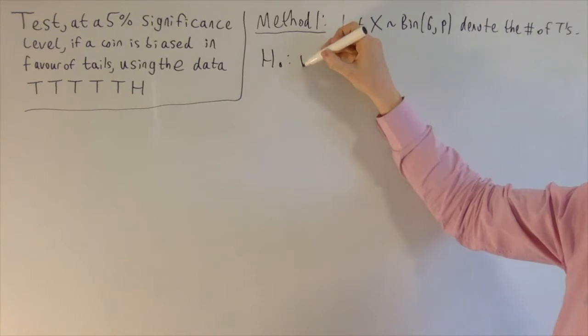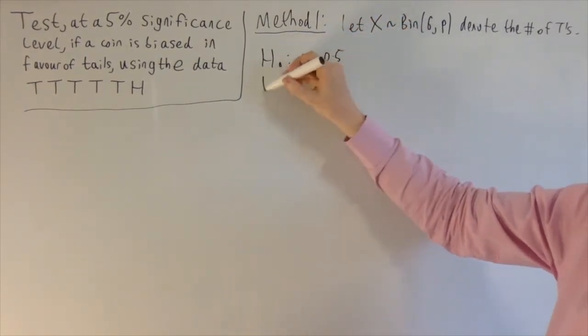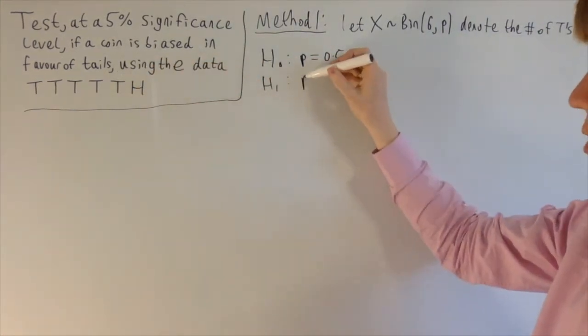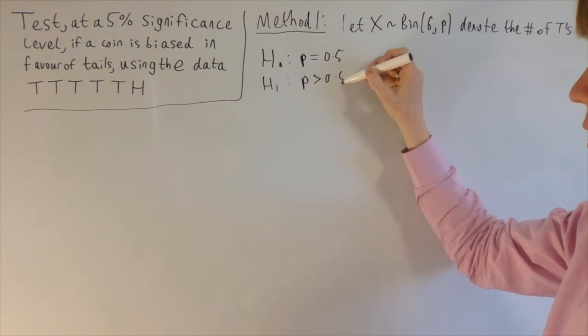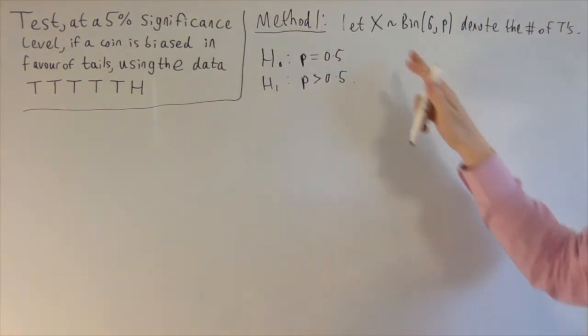Your null hypothesis is that this probability p is 0.5, that it's fair. And your alternate hypothesis, because we're interested in the coin being biased in favour of tails, is that p is greater than 0.5.